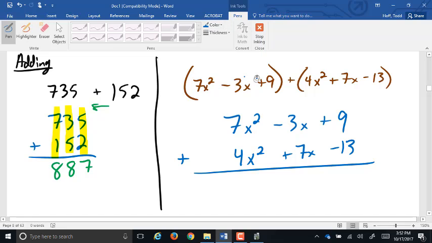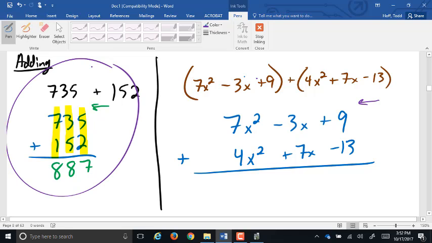Now, of course, we've got to be careful with our negatives. So we'll start on the right and work our way back to the left just to be consistent with our whole numbers. We start with 9 plus a negative 13, which is what? We got 9 and negative 13. So that would be negative 4. Then next, we have negative 3x and positive 7.